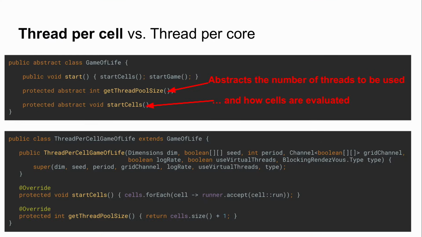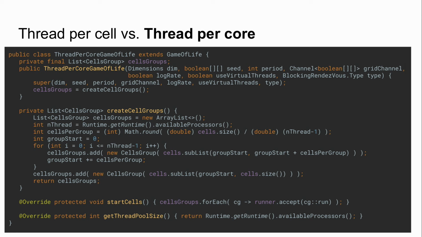So the number of threads is equal to the number of cells plus 1 for the coordinator. And then I created a second implementation where the number of threads is equal to the number of cores available on my machine. So I just have 8 threads, virtual or native, and I split the cells in groups to stay on 8 minus 1 threads, because the 8th thread again is used for the coordinator.